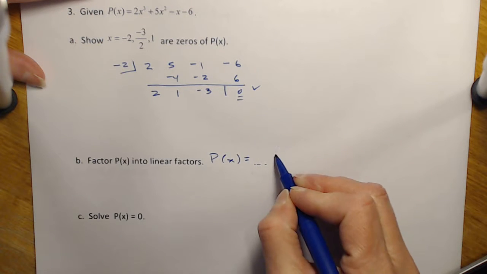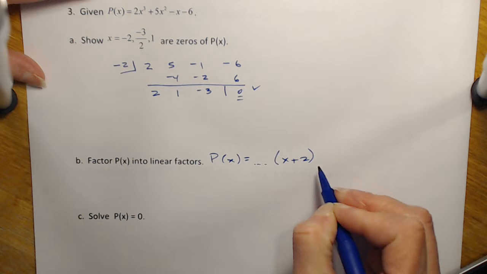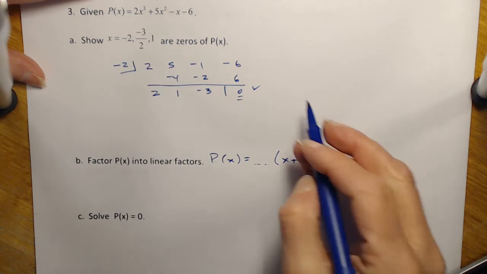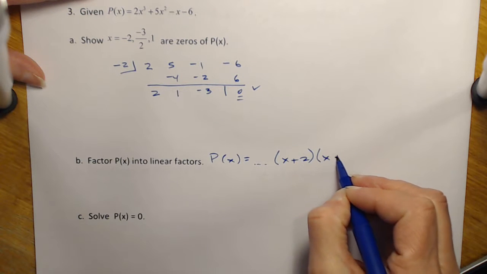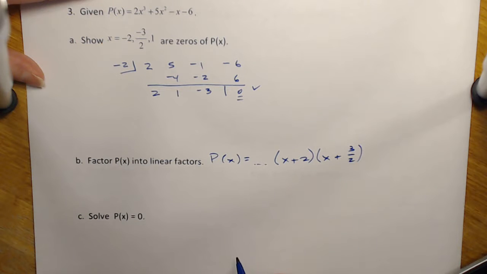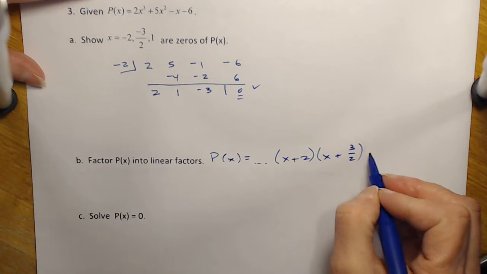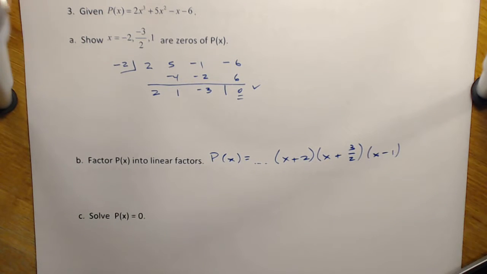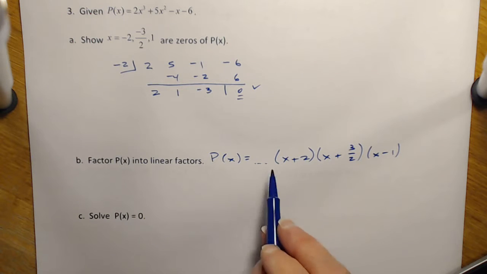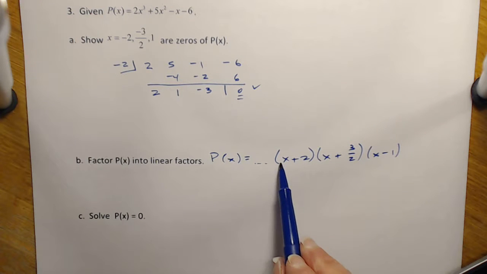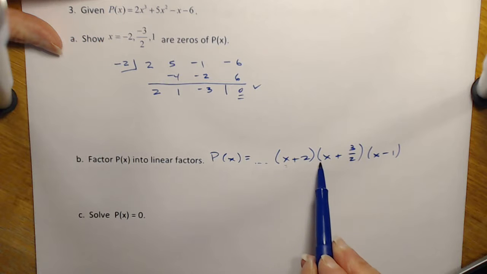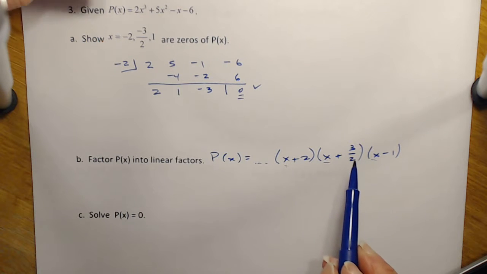But if -2 is a 0, right, x plus 2 is a factor. If -3/2 is a 0, x plus 3/2 is a factor. And if 1 is a 0, x minus 1 is a factor. The only thing we're missing here is that leading coefficient. Right now if you started multiplying, you would get x times x times x, which is x cubed.